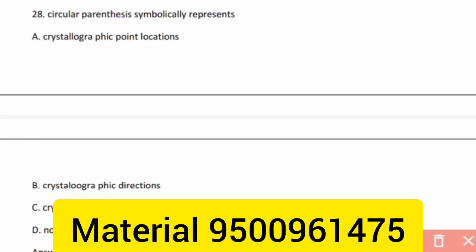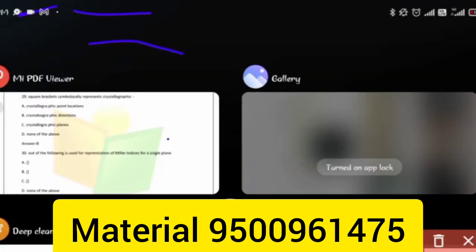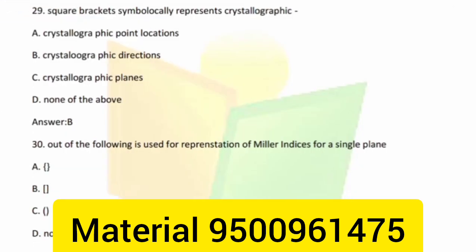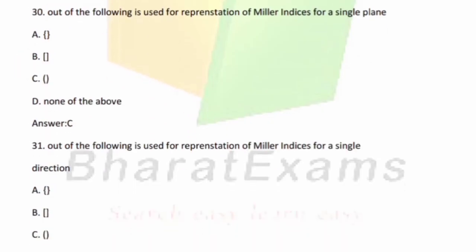Circular parentheses symbolically represent option C, crystallographic planes. Square brackets symbolically represent crystallographic directions. Which of the following is used for representation of Miller indices for a single plane?